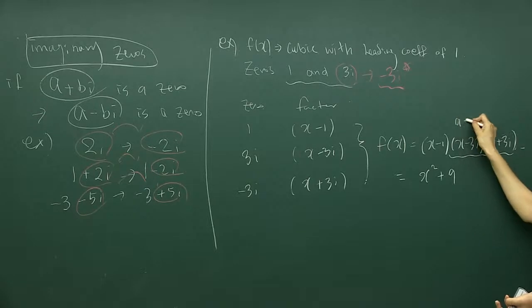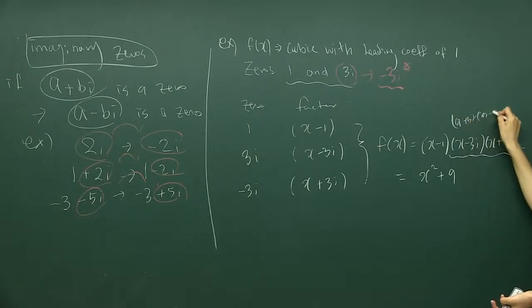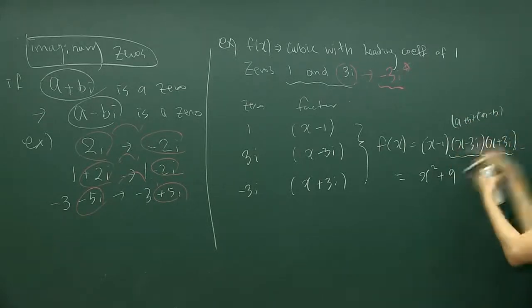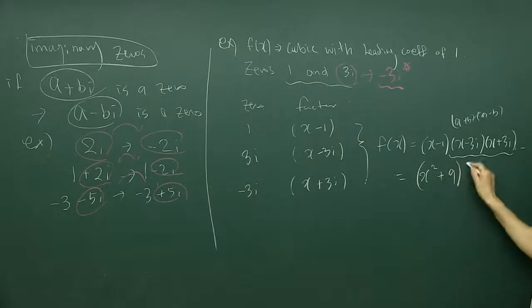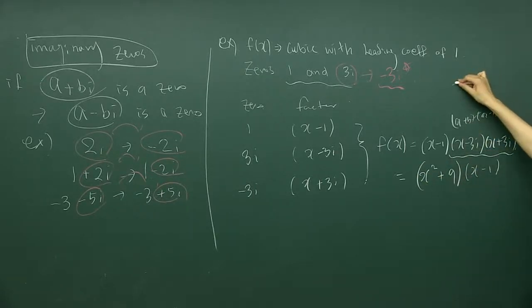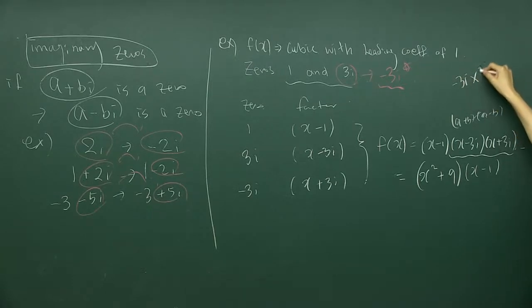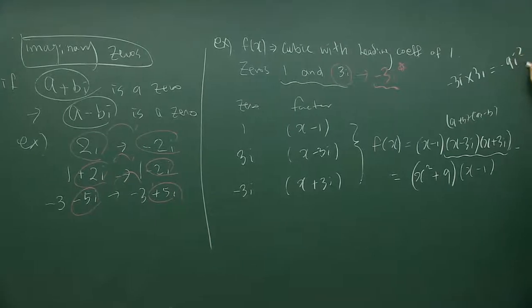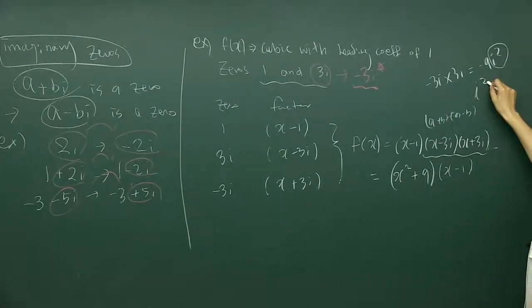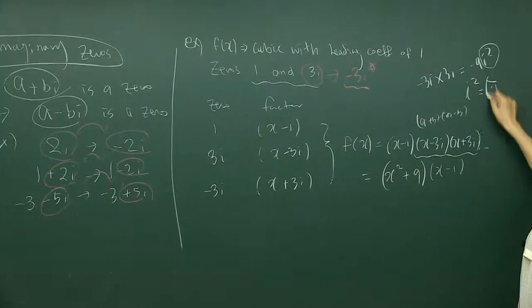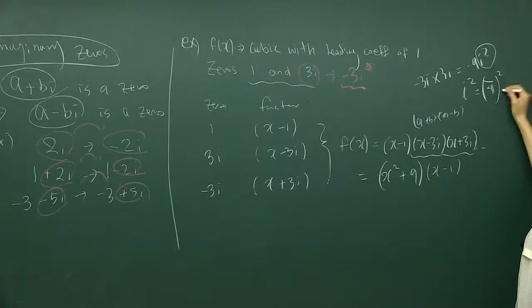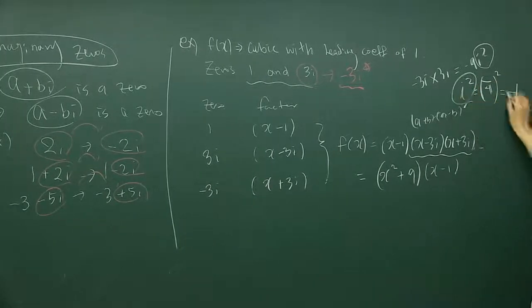I'm just doing an a plus b, a minus b product. You can expand it out if you want. Negative 3i times 3i is negative 9i squared. But remember that i squared is technically the square root of negative 1 squared, so i squared equals negative 1.